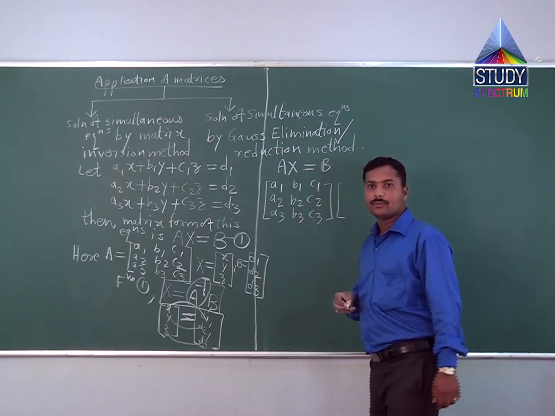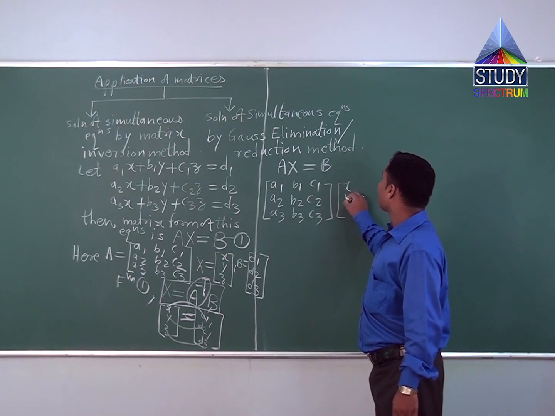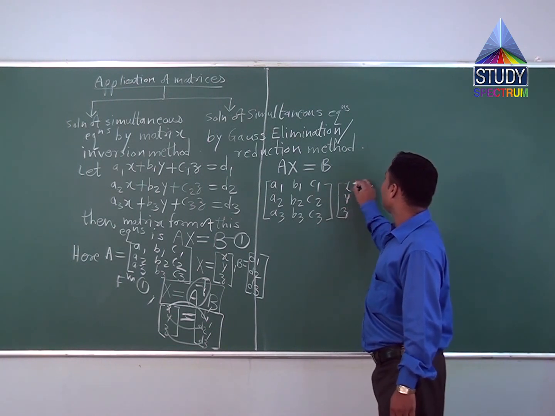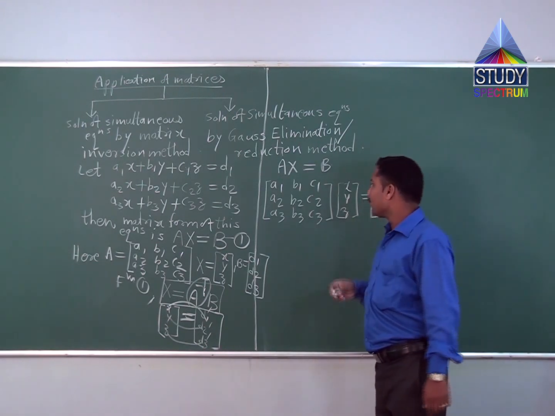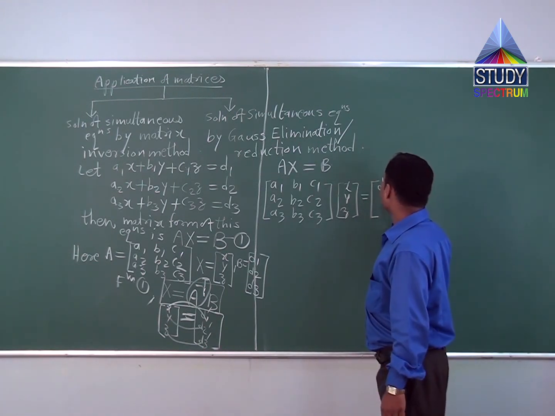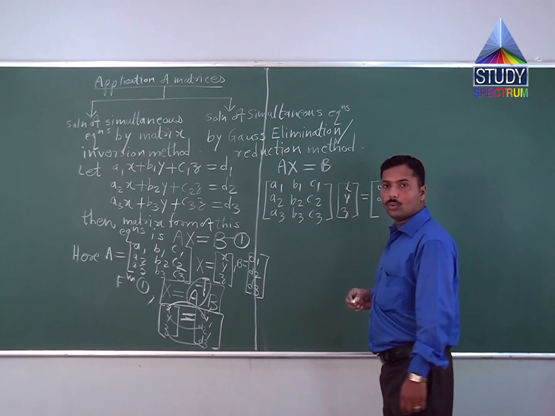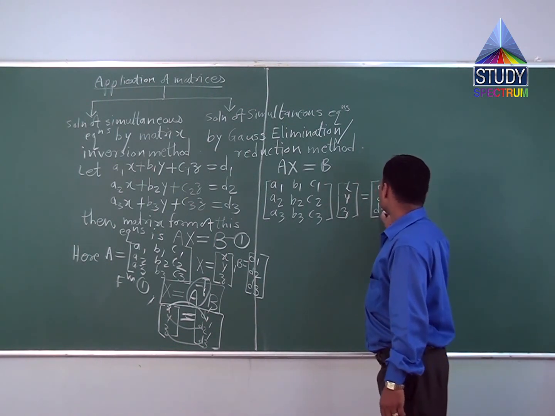Capital X is the column x, y, z, equal to capital B, the column d1, d2 and d3.